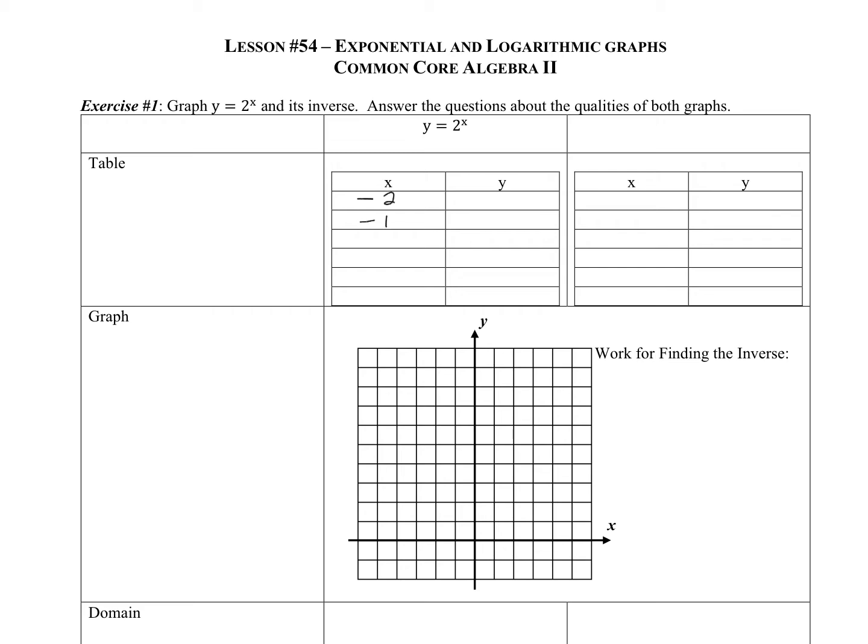So we're just going to fill in this table for these common x values. Instead of going -2 to 2, I'm going to go -2 to 3 because I have an extra spot. The bottom of the table is easier to think about: 2 to the first power, when I plug in a 1, is 2. 2 to the second power is 4.